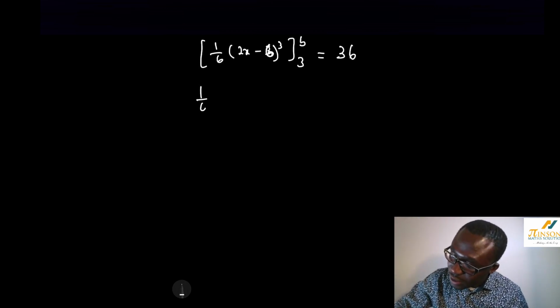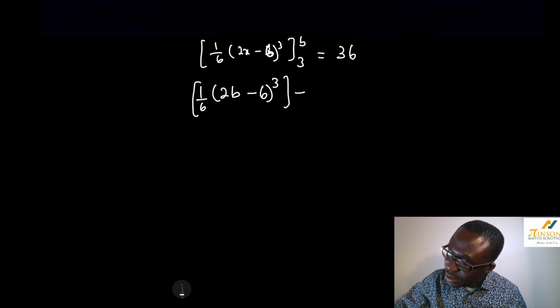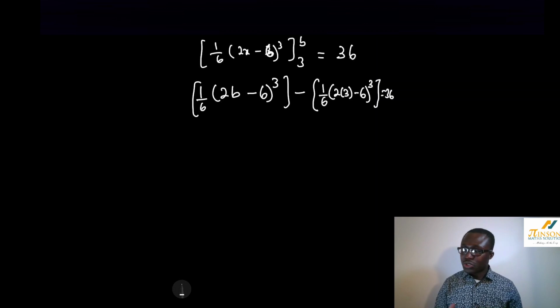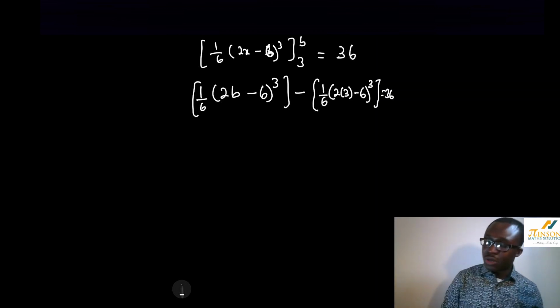So we've got 1/6, 2 lots of b is 2b minus 6, all cubed, minus 1/6, 2 lots of 3 minus 6, remember all cubed, and then we need to make sure it's 36. You can grab a calculator to help you here.